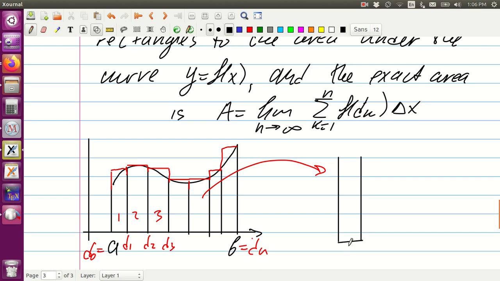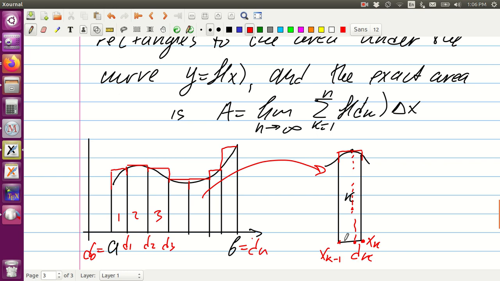So this is interval k, and suppose this is our function. So we're going to take the maximum on this interval, and the maximum point will be denoted by d sub k on the bottom. And here we have x sub k minus 1, and here we have x sub k, right?